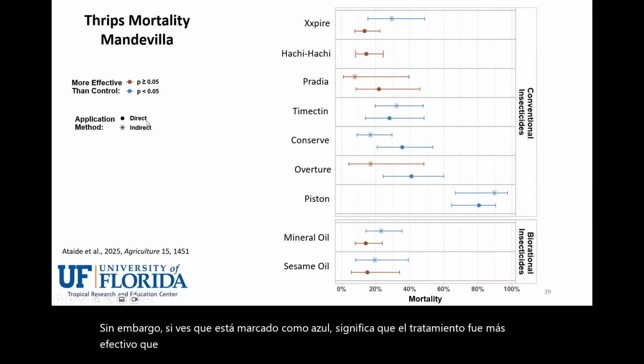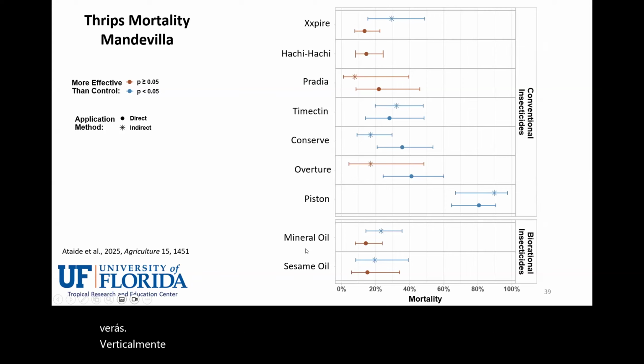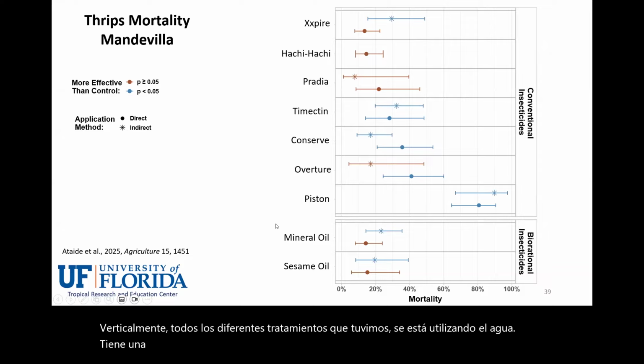The circles signify the curative application, and the asterisk, the prophylactic application. In this graph, you will see vertically all the different treatments that we had. The water is being used as a way to compare the treatments. This is why it is not displayed. Then we have on the y-axis the mortality in percentage ranging from 0 to 100%.